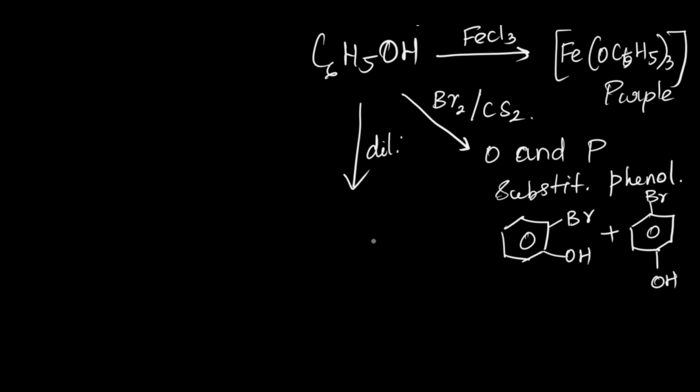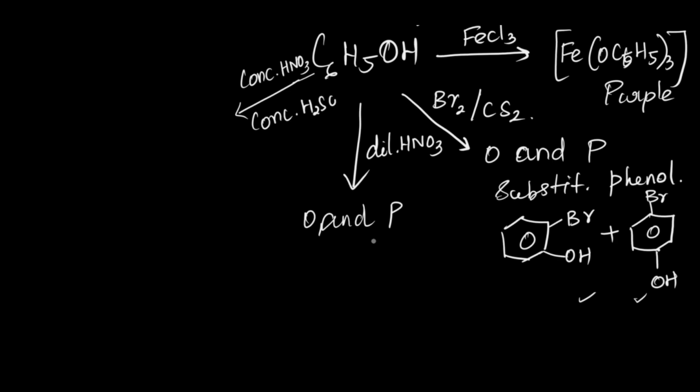With dilute HNO3, it is producing once again ortho and para substituted different products like this. With concentrated nitric acid and sulfuric acid, which is nothing but the nitration, concentrated means all 3 positions are occupied with nitro group.